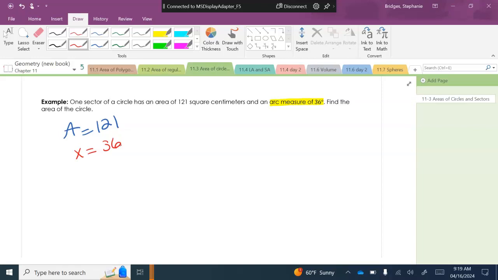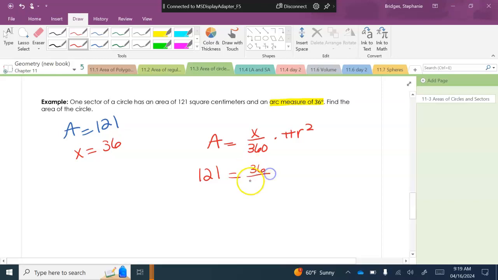Everybody ready? Okay, so think about this. The formula for area of a sector is x over 360 times pi times radius squared, right? What did they tell me the area was? So I'm replacing A with 121. What did they tell me my arc was? 36 over 360.